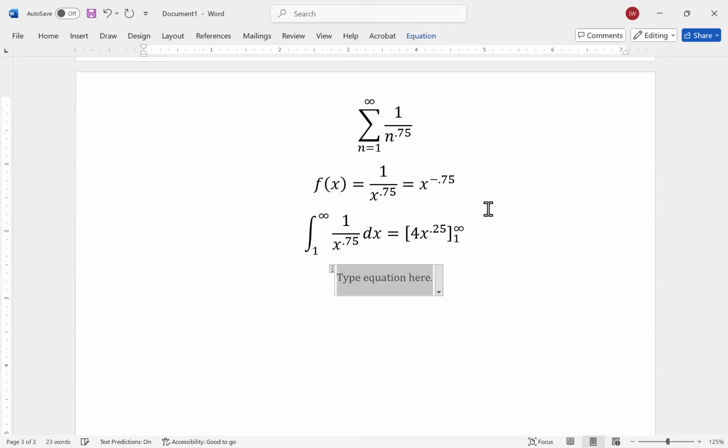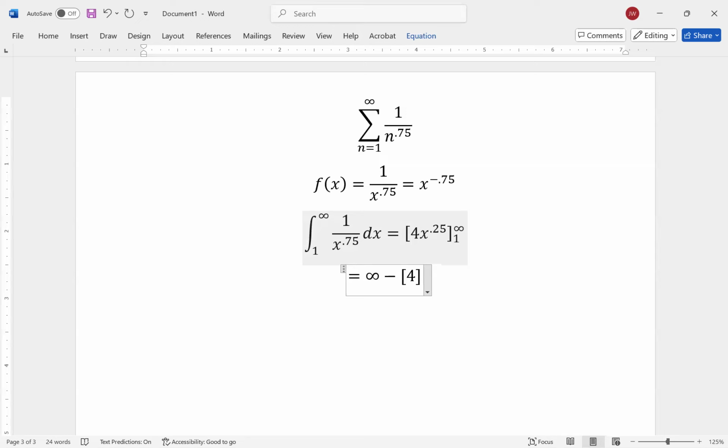If I take the limit as x goes to infinity, in this case, x to the 0.25 power is going to grow and grow and grow. So when I take the limit as x goes to infinity, my function becomes infinity. If I plug in 1, my function becomes 4.